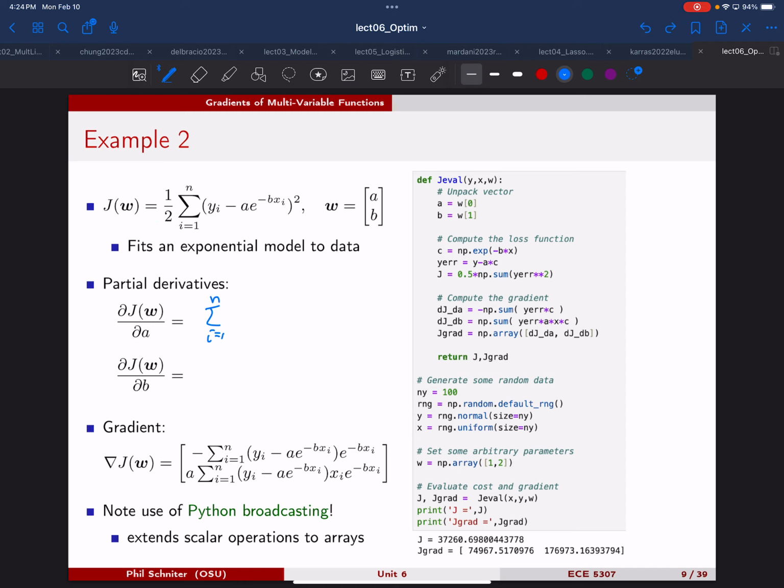So we'll just have the sum of yi minus a e^(-b xi), and then we need to take the partial derivative of this with respect to a. That's just going to be this part without the a, so another term here, minus e^(-b xi), like that.